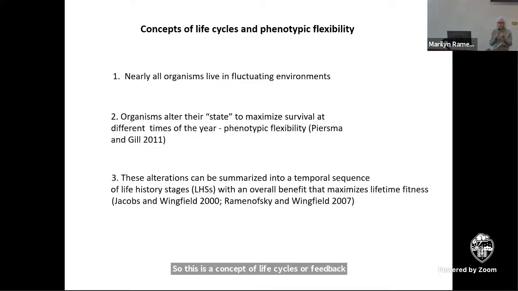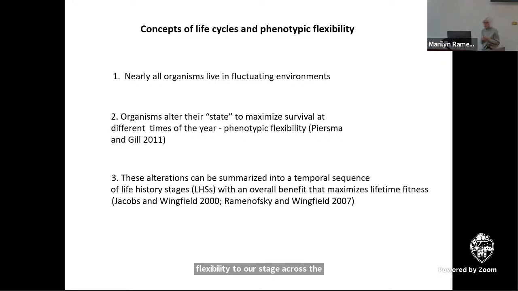So nearly all organisms live in fluctuating environments. We know that, we live in that every day. Organisms can really alter their states to maximize survival at any time of the year. So they're changing, or they're showing phenotypic flexibility throughout a stage across the year.